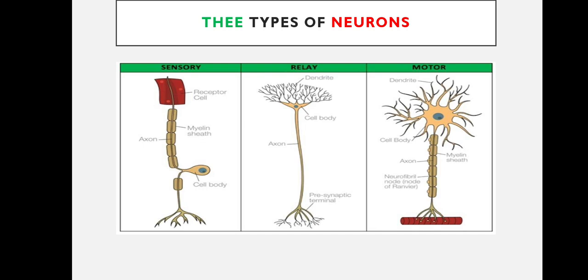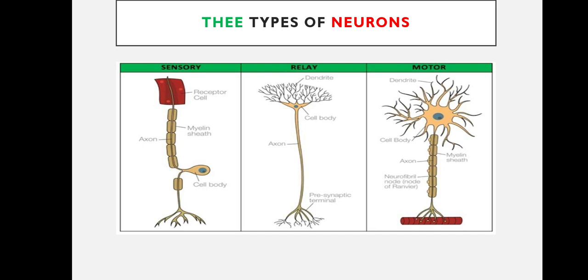We are talking about the brain and the spinal cord for interpretation, which is relayed by the relay neuron or interneuron, so that the electrical impulse or information can be sent to the motor neuron, and eventually it can be sent to the effector muscles.